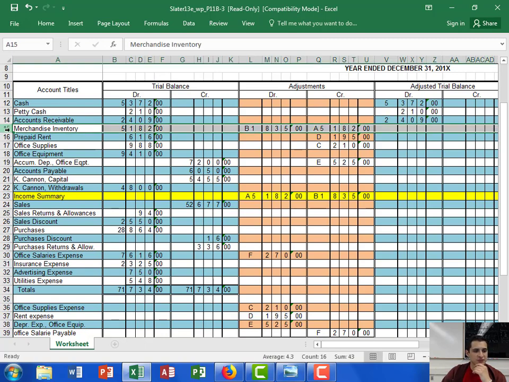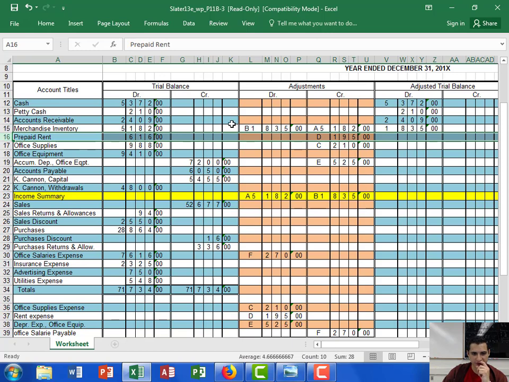Now, for merchandise inventory, we've already talked about how we first started out with the $5,000, but now we're ending with the $1,835. So you know that you're going to put $1,835, because the transaction in the assignment for A/B told you that that's how much you're left with at the end of the month.